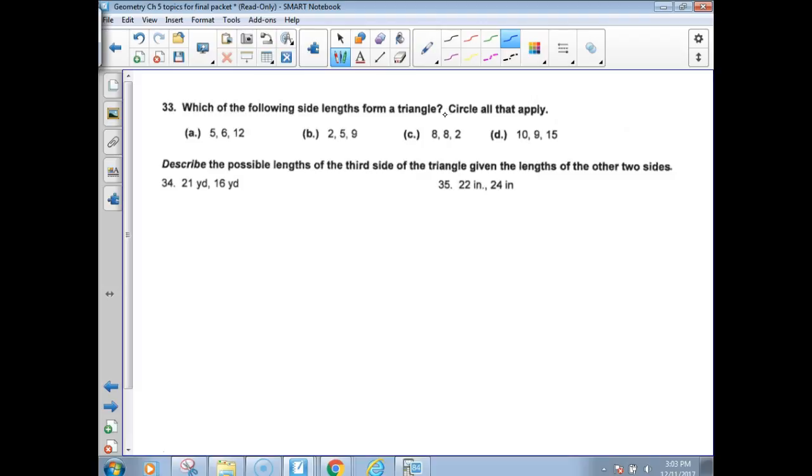Now, which of the following side lengths form a triangle? You want to take and add the smaller two. Is 5 plus 6 greater than 12? That's what you're checking. No, it's not. Okay. Is 2 plus 5 greater than 9? No, it's not. Equal is not greater. 8 plus 2, is that bigger than 8?